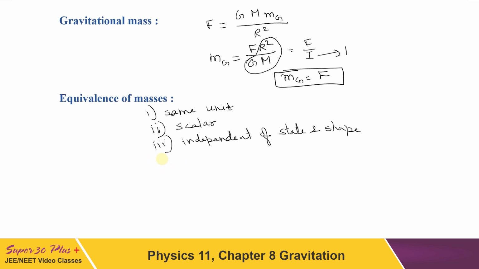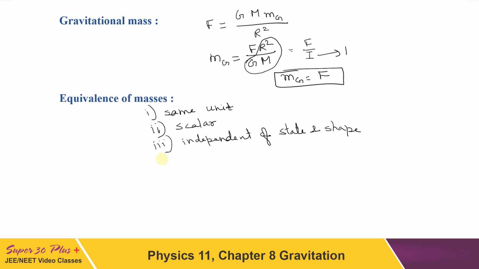But what is dissimilar between the two masses? The first dissimilarity is that the gravitational mass of a body is affected by the presence of other bodies near it, whereas we saw that inertial mass is unaffected by the surrounding. If other bodies are present in the vicinity of a given body, they also will apply some gravitational pull.